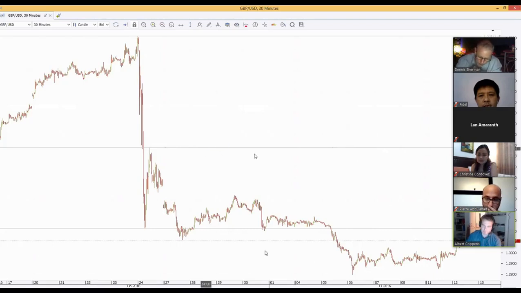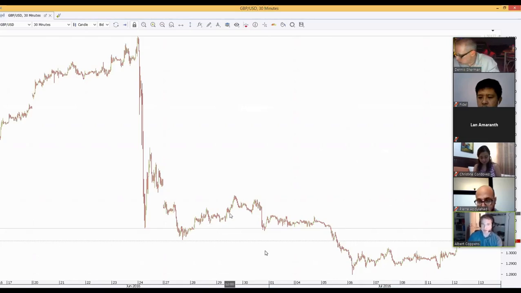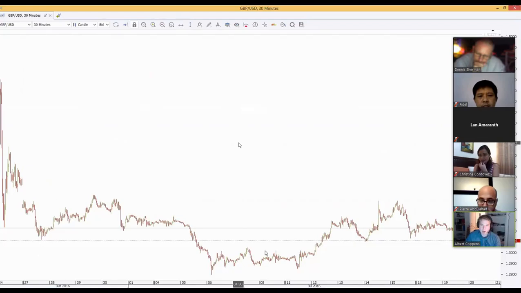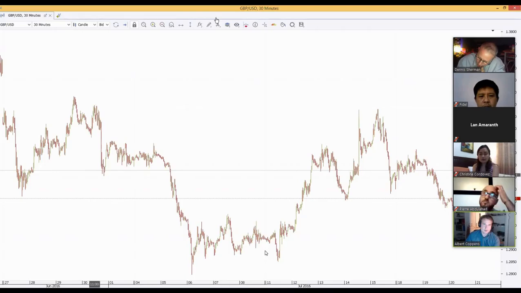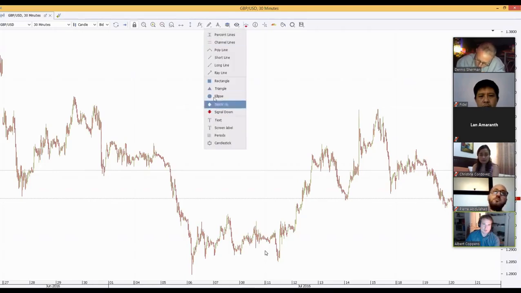This level is not important yet, but we just marked the low of the Brexit because it's a major event in the past year, even more interesting than all the NFPs together, because that's the trigger point of the cable which caused the bearish sentiment on the pair. So what we are doing right now, we're going back to our chart, and we find that level; it finds support a lot of times, right?